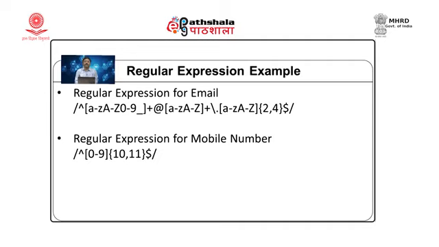So, this is a regular expression for email. Similarly, for a mobile number we should have a 0 to 9 digit combination which may be 10 to 11 characters. So, this is how we can write regular expressions to validate input.